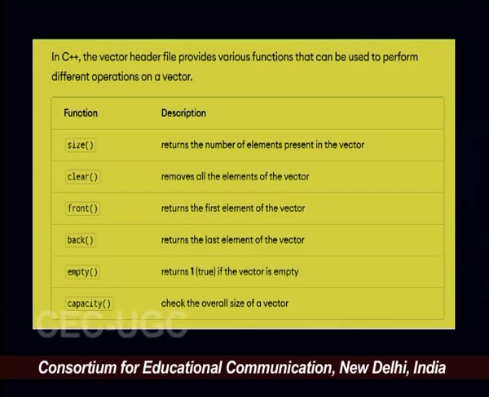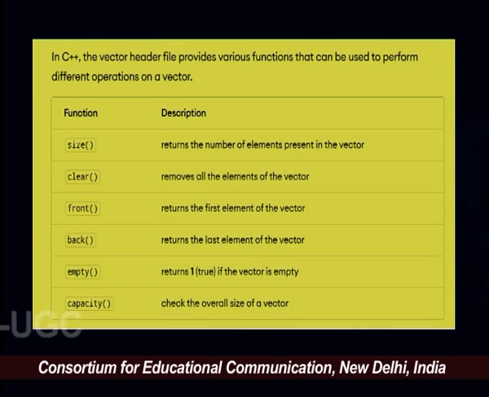So these are some more methods which are available in order to work efficiently on the vectors. Among these methods, we have already used size, we have already used empty, but this capacity, then we have clear, then we have front and back. All these methods we have not used, but these are self-explanatory.